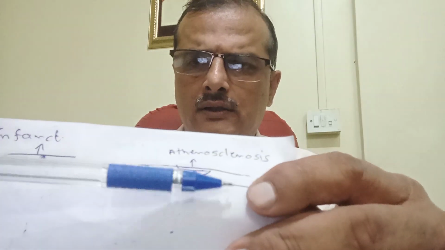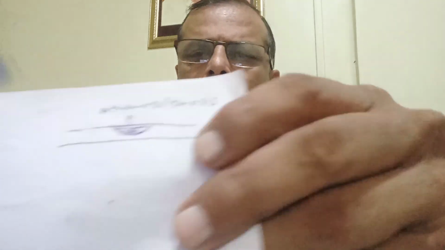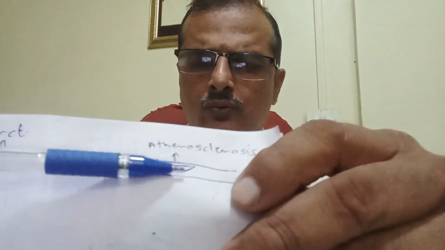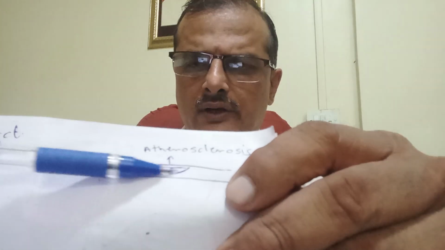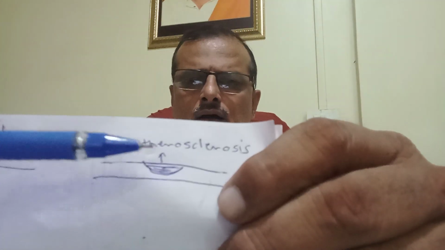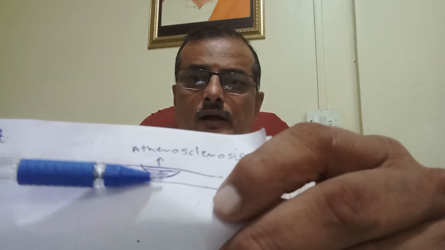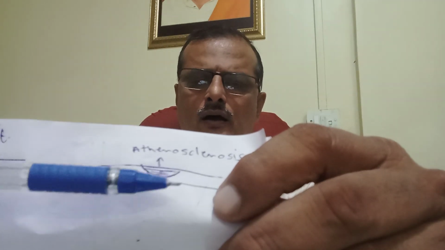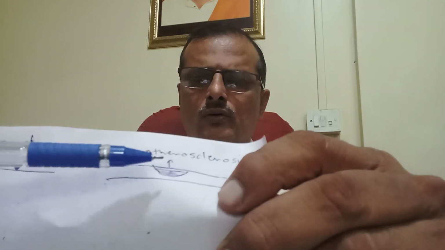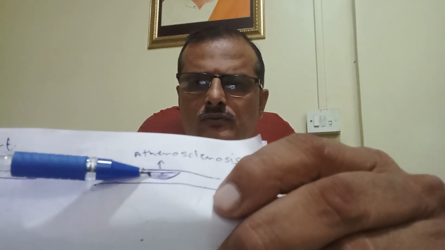Here there is some space, when the lumen is not completely occluded. Now you have to reduce this accumulation, and hence the karma needed in this condition is Lekhana karma, lekhanam karshayati. You have to do a scraping action in the blood vessels where this accumulation is formed.